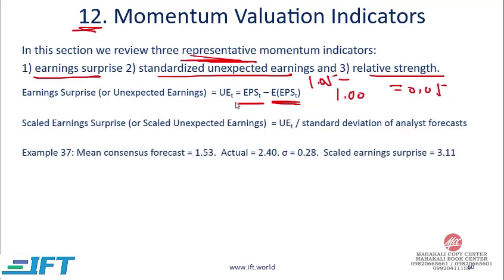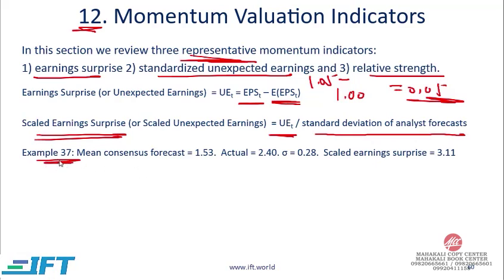Related to this measure is something called scaled earnings surprise. So is this 0.05 surprise a big deal or not? One way of figuring that out is to take the unexpected earnings or the earnings surprise number and divide by the standard deviation of the analysts' forecasts. A simple example is given here, number 37. You have a given company and the mean consensus forecast is 1.53. Then the actual EPS turns out to be 2.4.